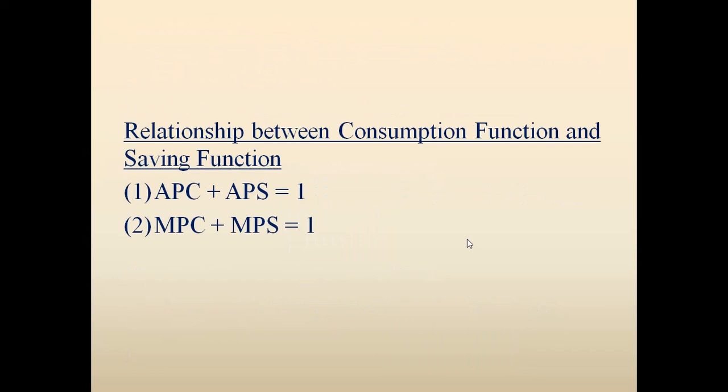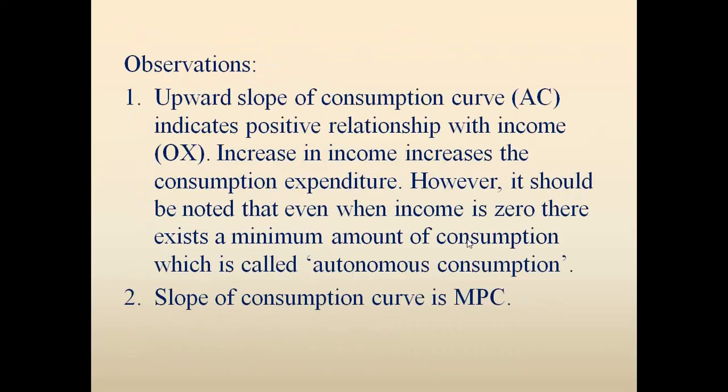Now, what is the relationship between the consumption function and the saving function? It's very simple. APC plus APS should be equal to 1. Similarly, MPC plus MPS should be equal to 1. Why is it so?